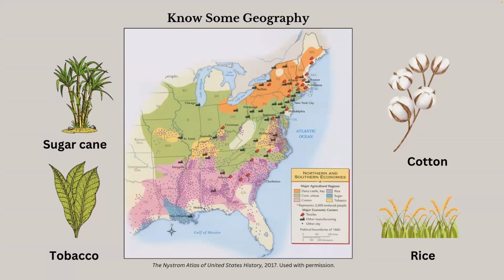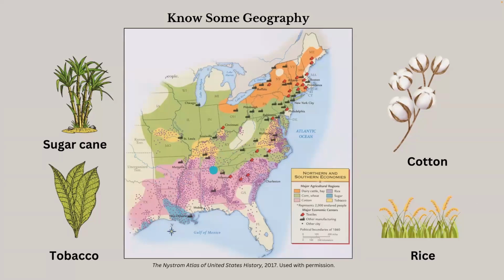And all of those crops were extremely labor intensive, which means that they were supported by slavery. So I want you to notice a correlation between cash crops and slavery, because every little purple dot on here is a representation of 2,000 enslaved people.